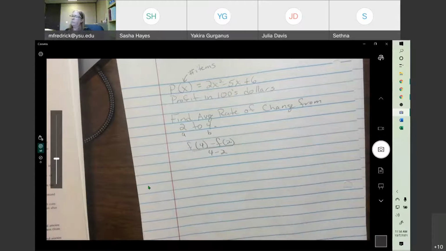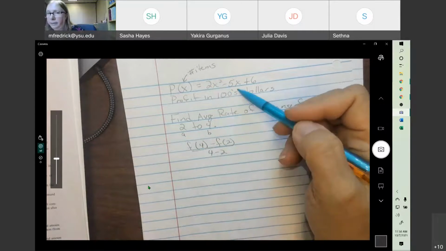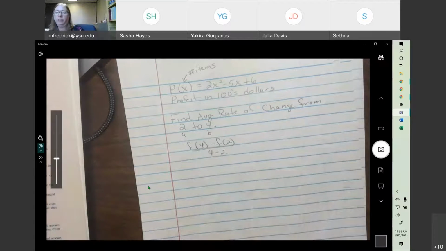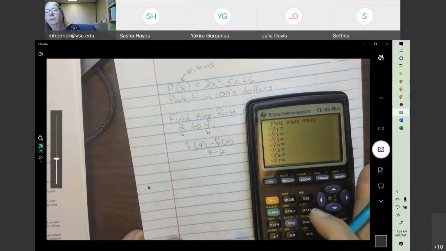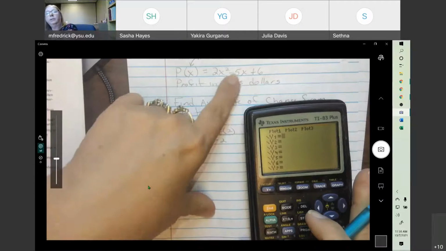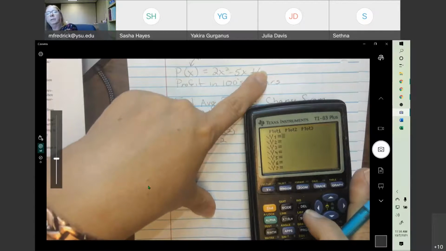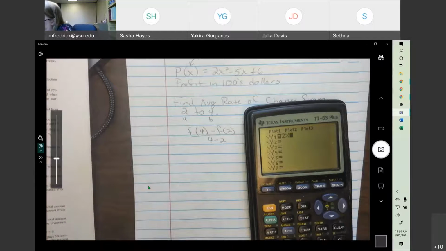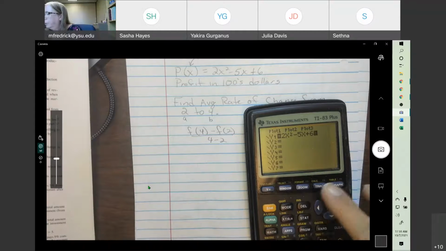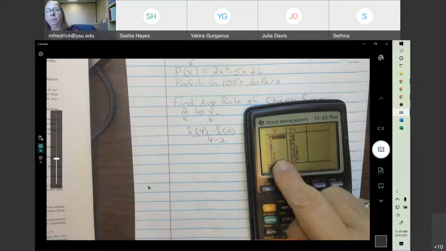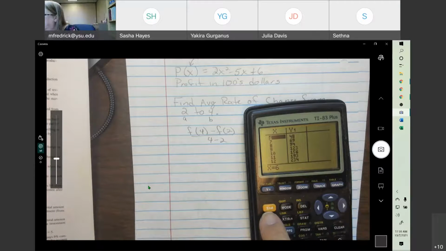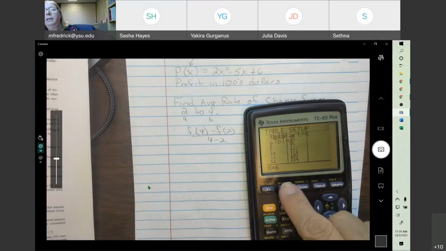Now, you could put 4 in here and calculate it, and 2. This one's not too bad, but if you want, you can go under y equals and type your equation 2x squared minus 5x plus 6. And then go to your table. Oh, mine's automatic. So remember, if it's automatic, go to second table set.